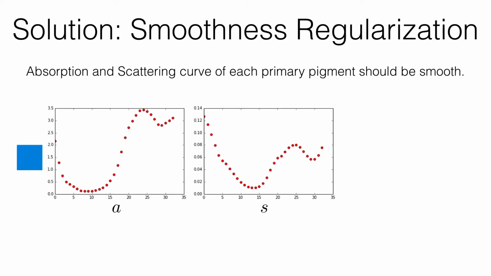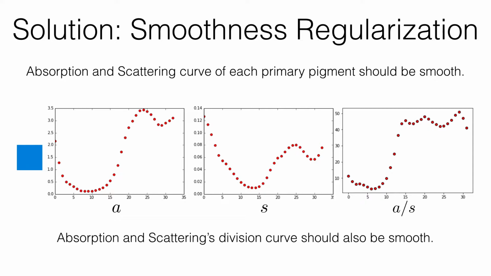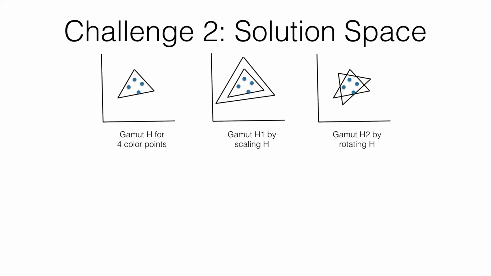Also, we find the division of two parameters should be smooth also. This division is an important variable in Kubelka-Munk model, which is related with pigment's mass tone color. We can enforce these three curve smoothness during the optimization to regularize the spectrum shape. This regularization is useful for solving metamerism problem.